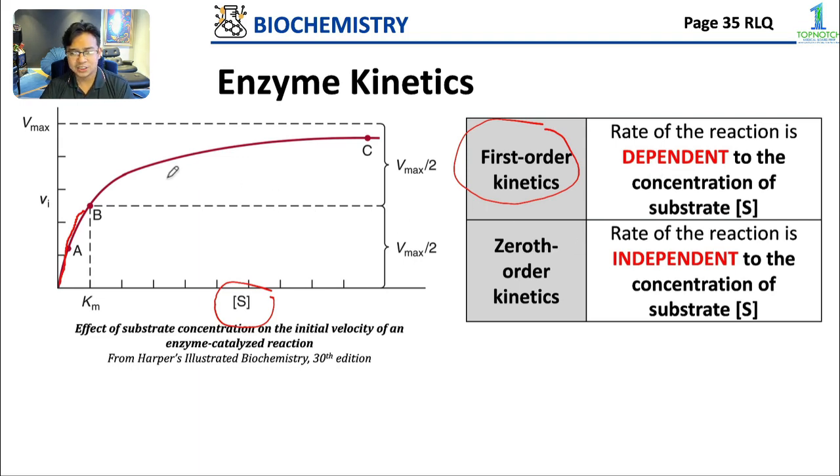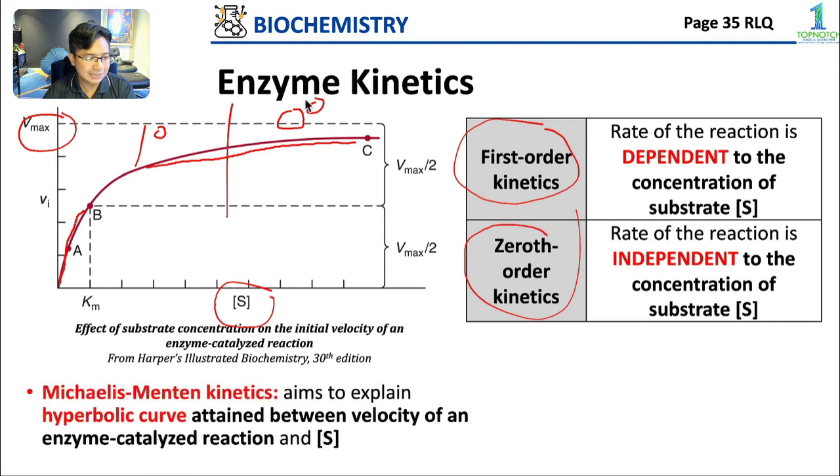But at point C, guys, even if you increase the amount of substrate, the velocity of the reaction remains the same, reaching a Vmax, okay, or maximum velocity, because the enzymes are already saturated. Ang tawag dyan ay zeroth order kinetics, wherein the rate of the reaction is now independent to the concentration of the substrate. First part, first order. Last part, zeroth order na siya.